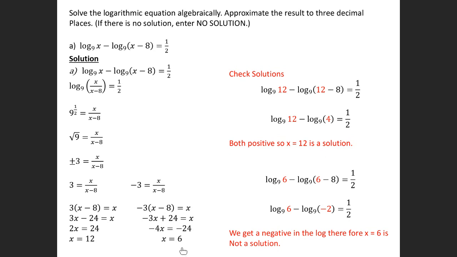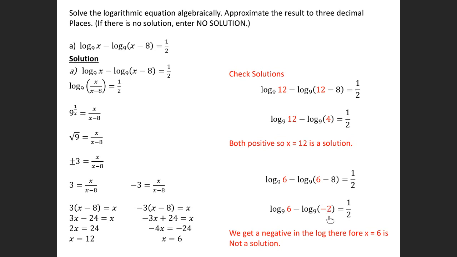But look what happens when I plug in x equals 6. I can have the log base 9 of 6. This is valid. There's no problem here. But when I plug it in to this subtraction, x minus 8 or 6 minus 8, again, we come across a log with an input of a negative number, which we cannot have.